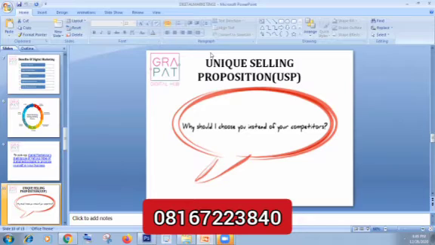Let me break it down very well. Some people's unique selling proposition is the way they relate with customers. If a customer wants to buy something from them, they try to be happy, receive them, and sit the customer down. It is the way they attend to customers. Some people's unique selling proposition is quality.